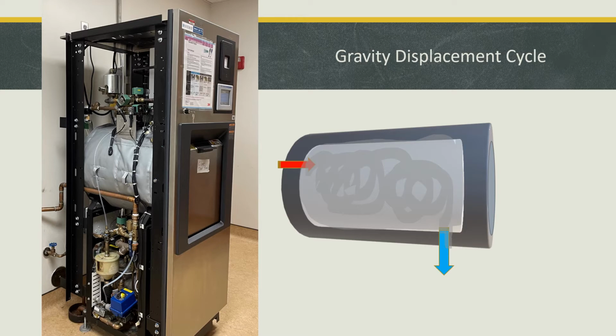Now, sometimes we're going to need to do a little bit different here. For instance, when we're sterilizing a drill system, something that has a lot of pieces and parts, that's hard to get the steam exposure to all those parts.